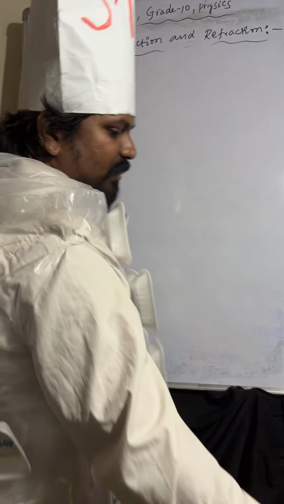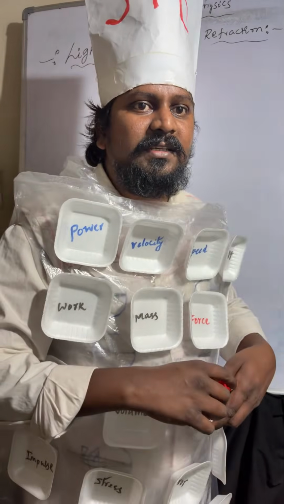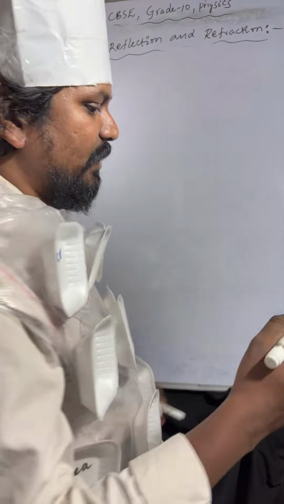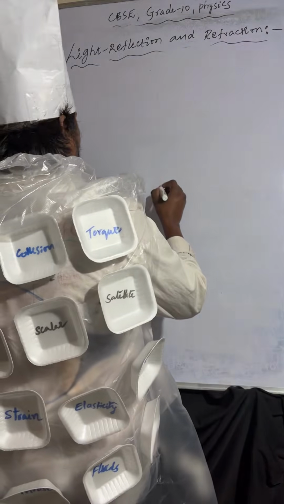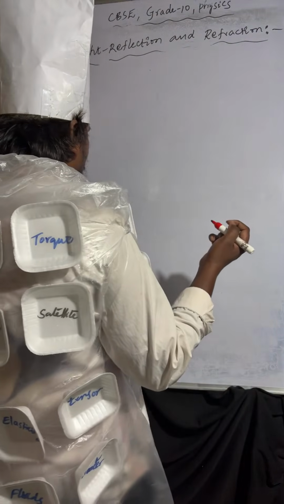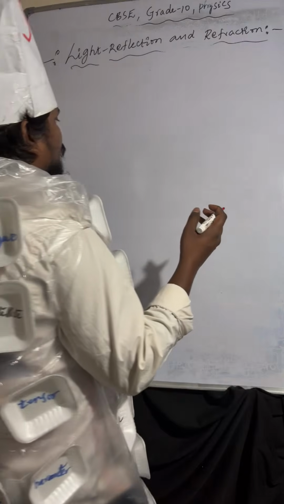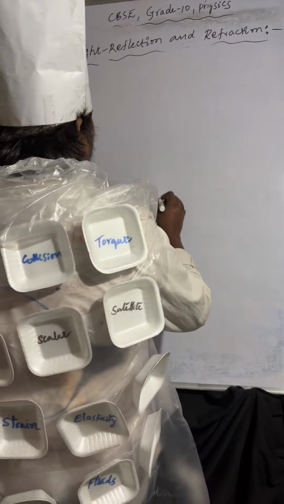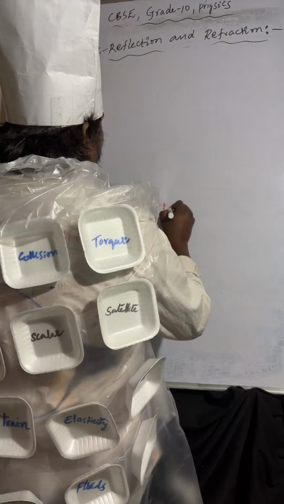In the plane mirror, object distance is equal to image distance. In plane mirror, virtual image will form.